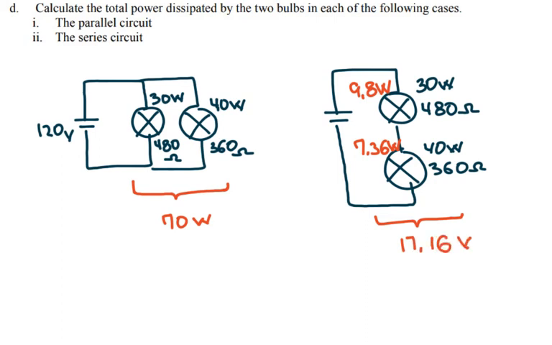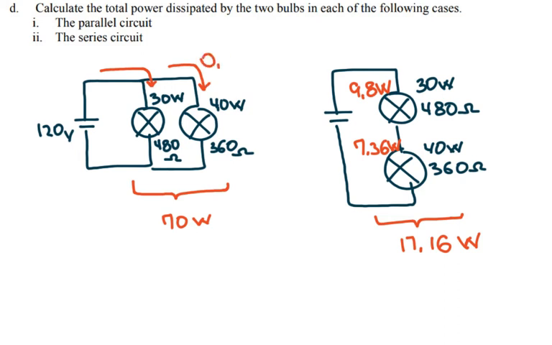17.16 watts. So you see that the parallel connection drains the battery faster than the series connection, and in series connection the bulbs are not as bright as they would be in parallel connection. So the currents through each would be higher when they are connected in parallel.